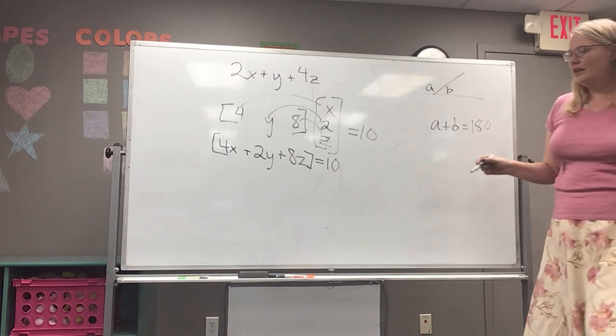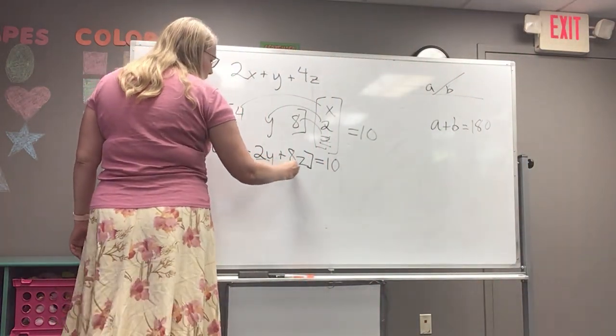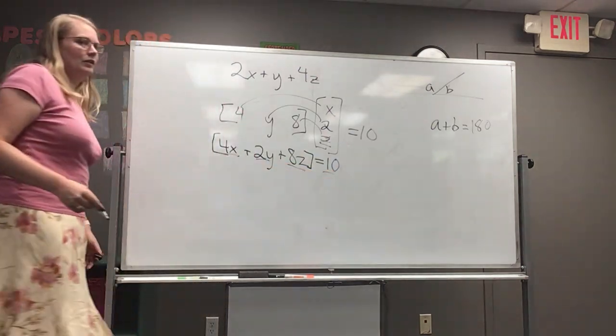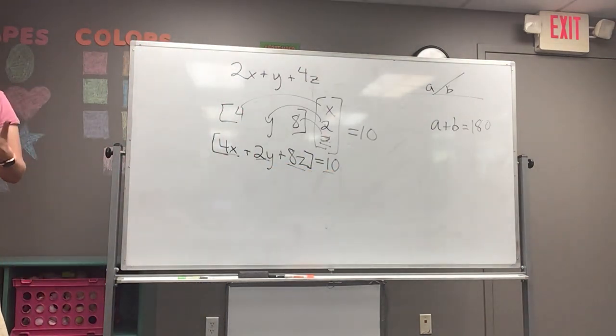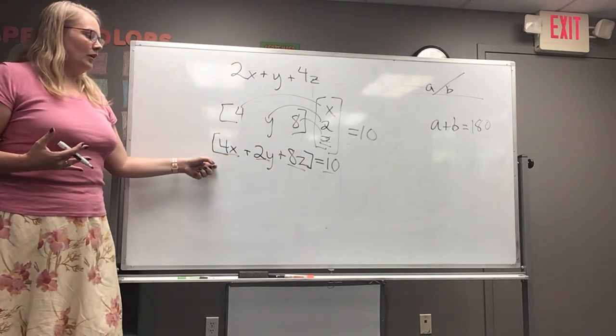Same thing is going on here. We have 4x plus 2y plus 8z equals 10. We don't know individually what x or y or z are, but we know that all three things together make 10.